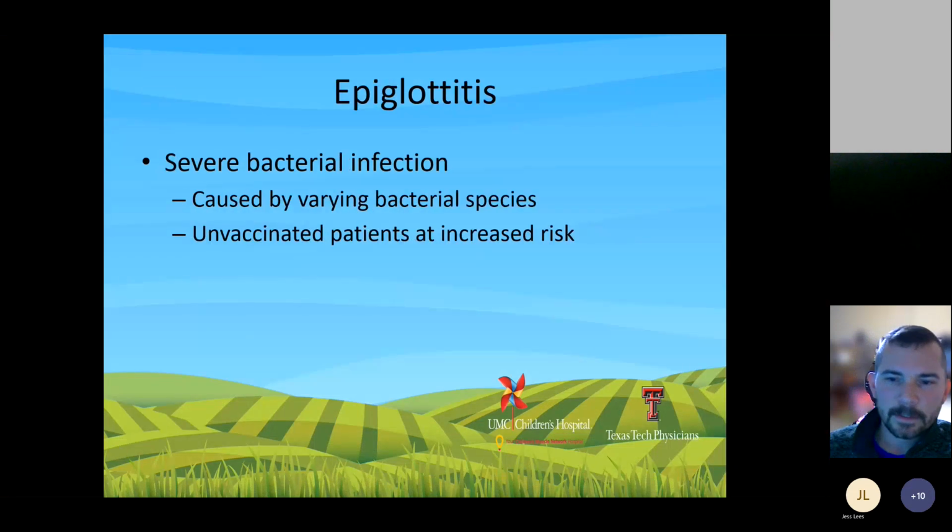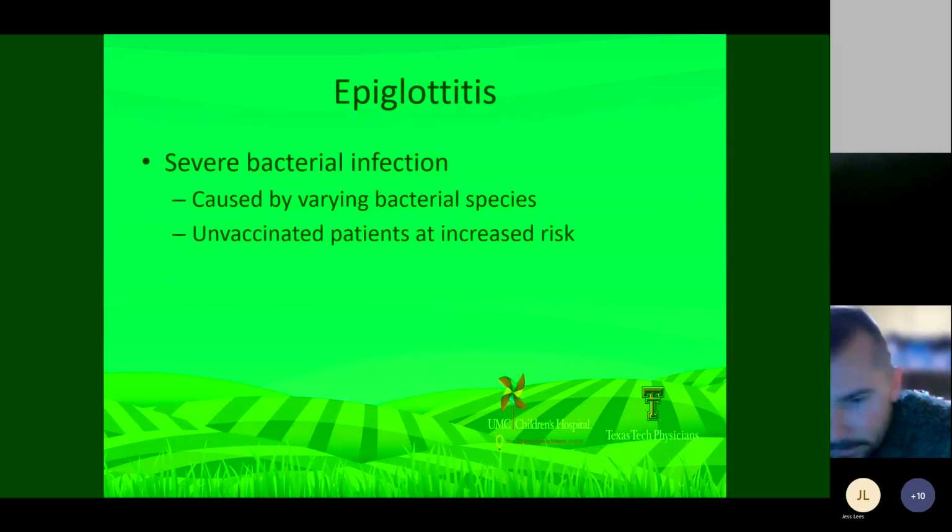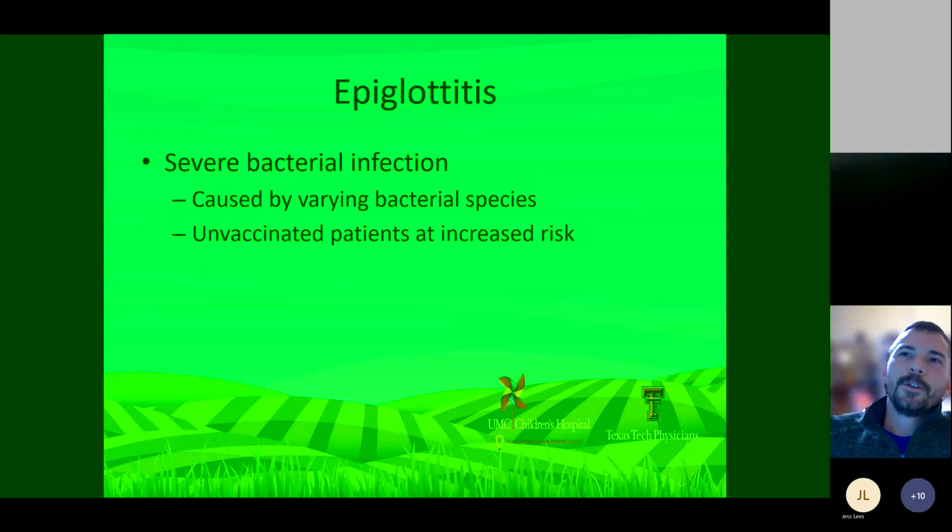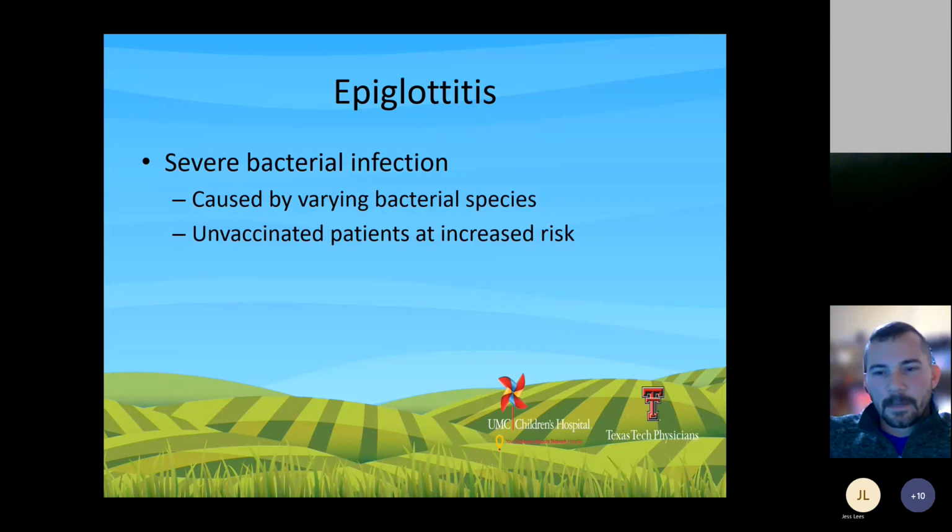So we'll move on, talking about epiglottitis. So something similar, and this is why we talk about non-ill appearing for croup, but epiglottitis is a severe bacterial infection. And so it's caused by varying bacterial species. And again, our unvaccinated patients are at increased risk.